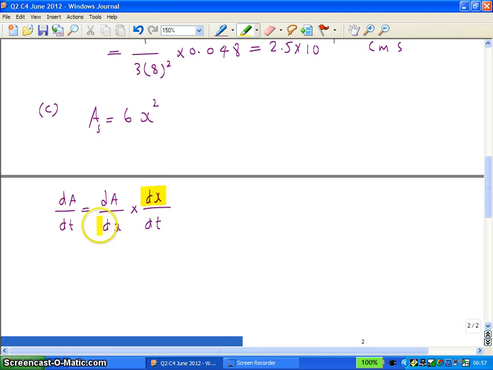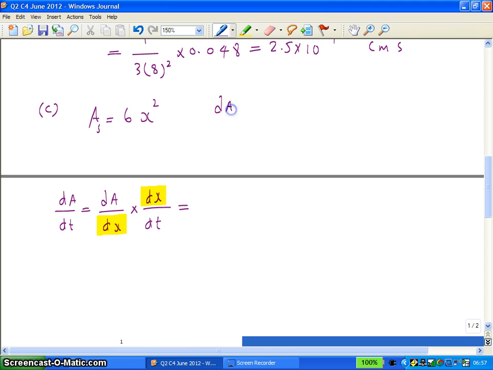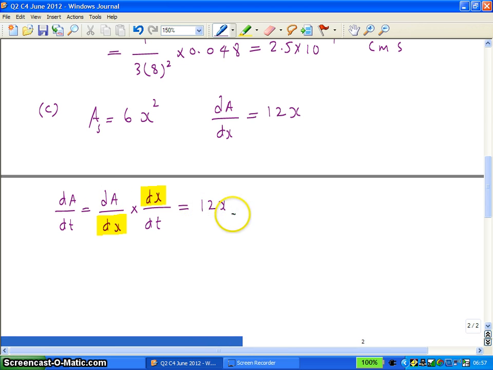As you can appreciate, these two would cancel out. So the next thing to do is to work out a value for dA/dx. I can do that by differentiating with respect to x. So dA/dx is equal to 12x. Okay, so now I can plug that in here. So that's 12x, then multiply by dx/dt.